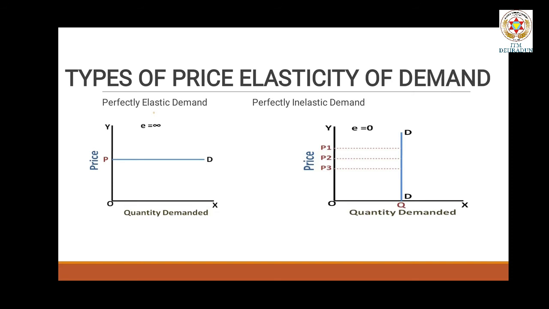The next is perfectly inelastic demand. Here, this is another extreme. Even with a change in the price, there is no change in quantity demanded. So, we have a vertical demand curve. The elasticity is equal to 0.